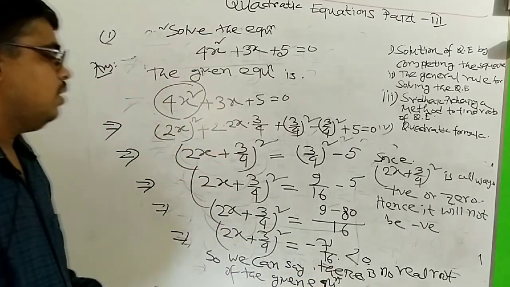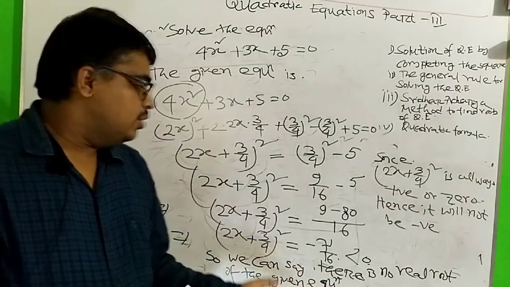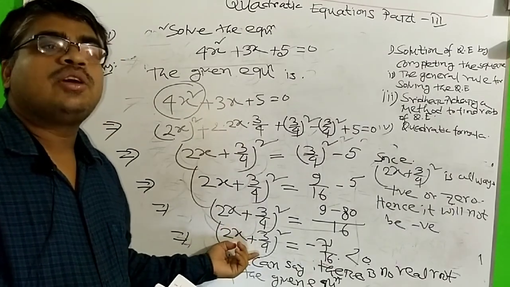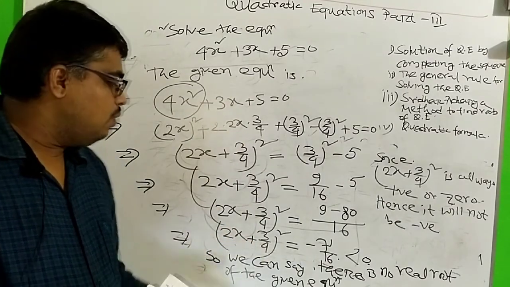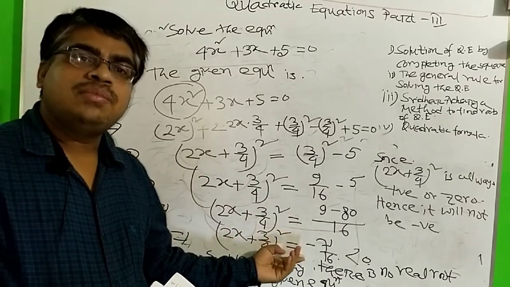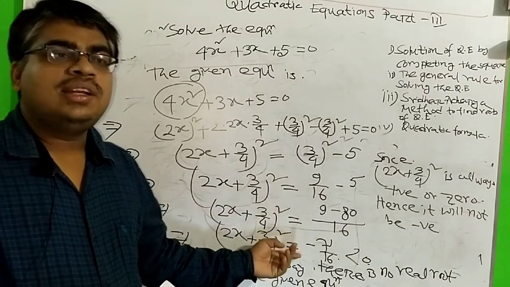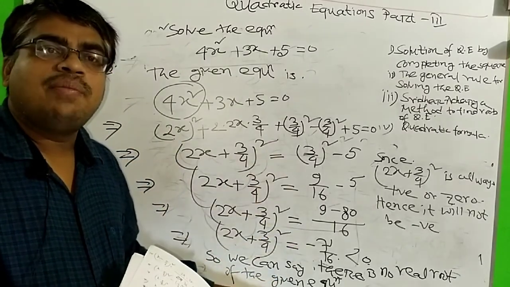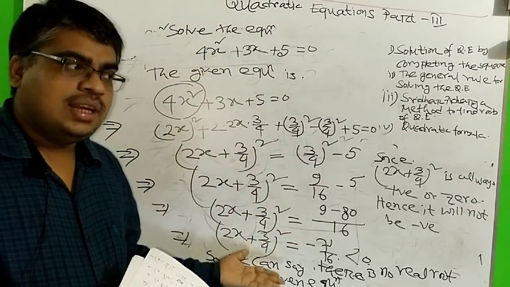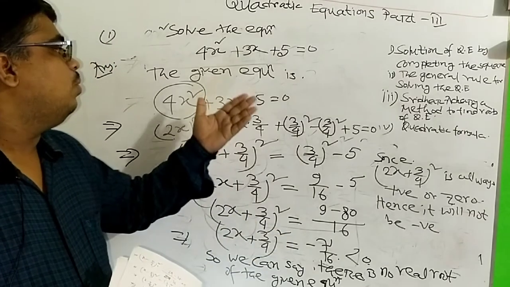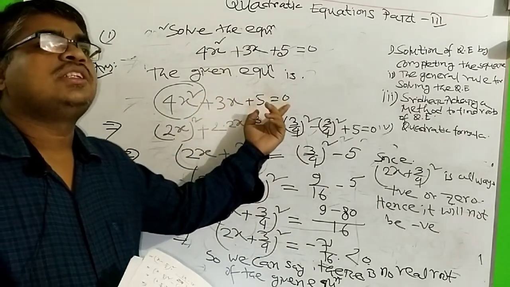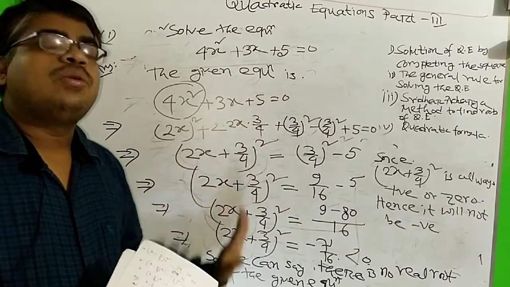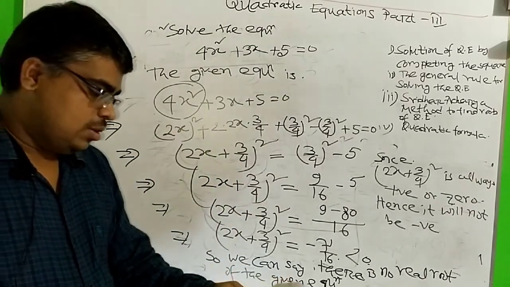Okay. So students, when you make the expression in a square term, if you get the value of the square term as negative, then you straightaway say that there is no real number, there is no real root which satisfies the given equation. Thus there is no real root of the given equation.